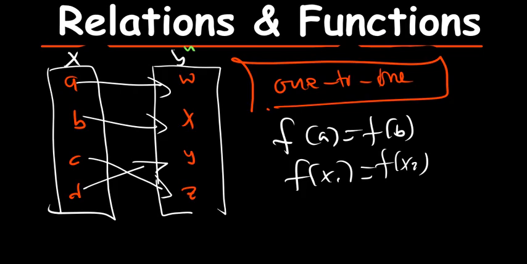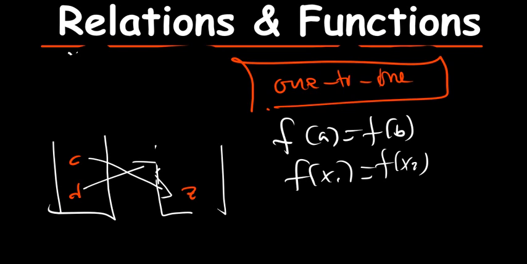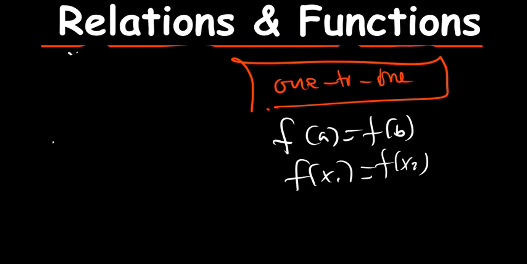For example, let's say you want to prove that the function, the square root of x, is one-to-one. Is it one-to-one or not? For a function to be considered one-to-one, f of a should be equal to f of b.